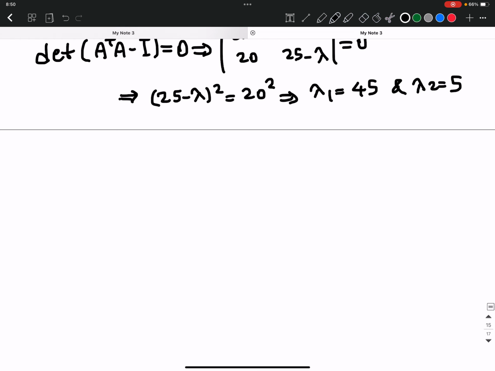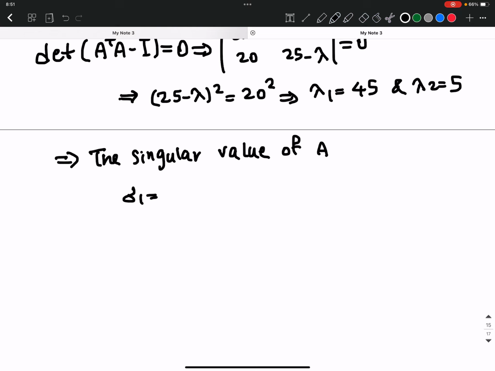So let's calculate that. The singular values of A, we show them with sigma. Sigma 1 would be the square root of these eigenvalues, so square root of 45, and sigma 2 would be square root of 5.